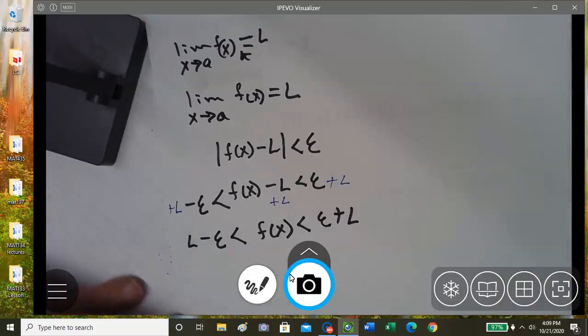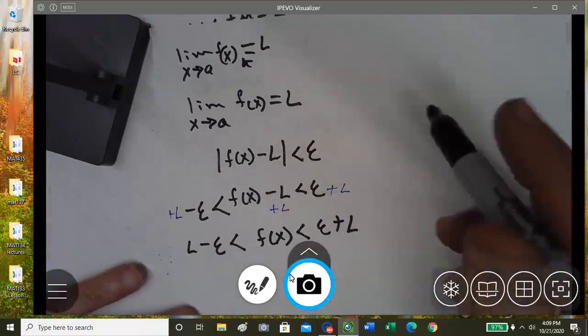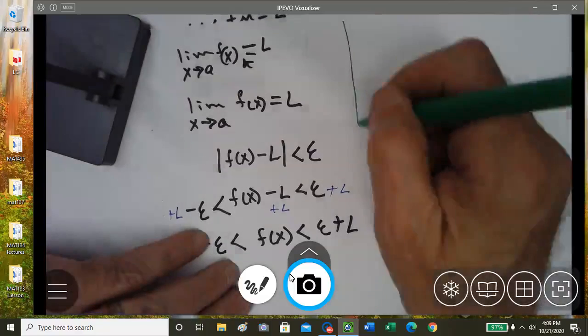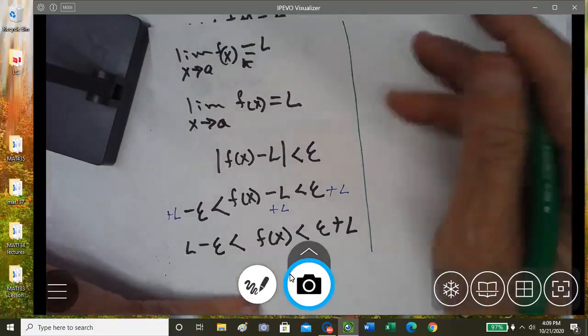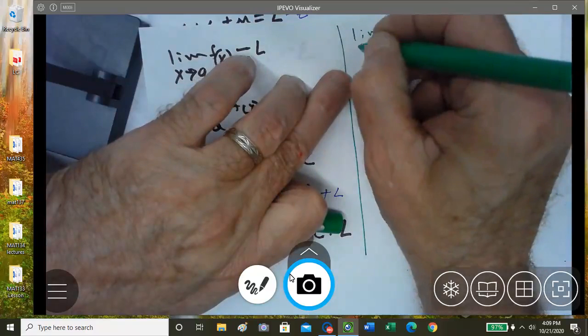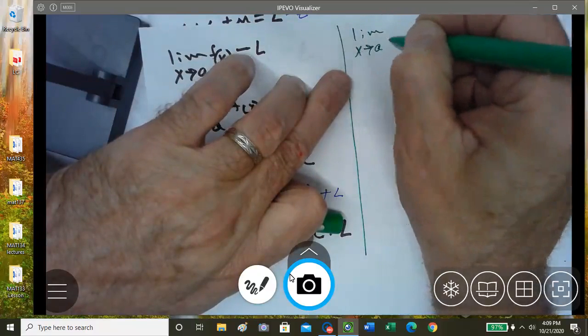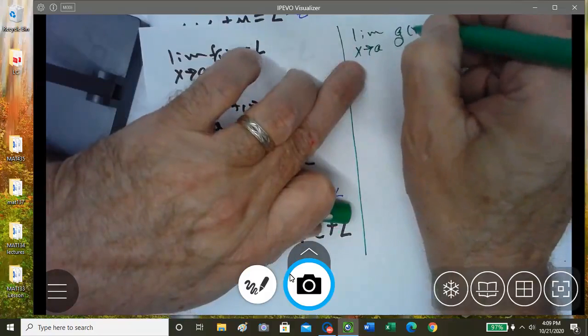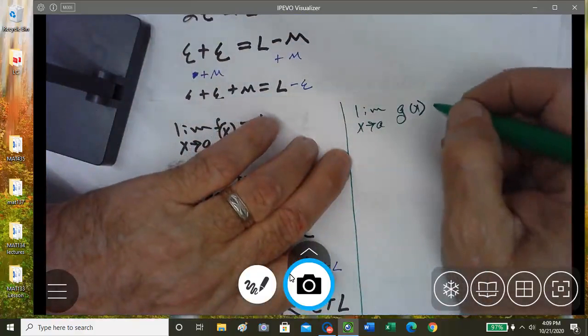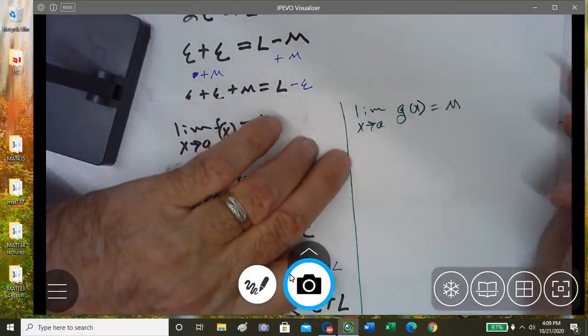Now we're going to look at g of x. We're looking at the limit as x approaches a for g of x equals m.